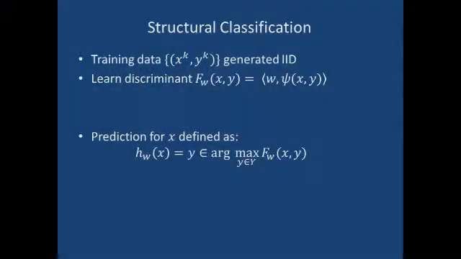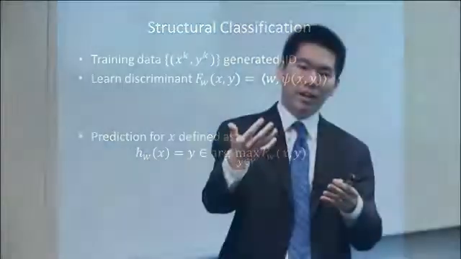The prediction then is, if I give you some input, the output that has the highest score, right? I have this discriminant function that says, given this input-output pair, how well do they fit together? And to make a prediction, I'll just output the target that has the highest score.